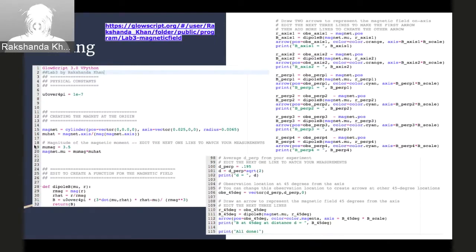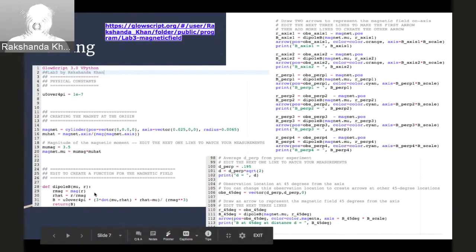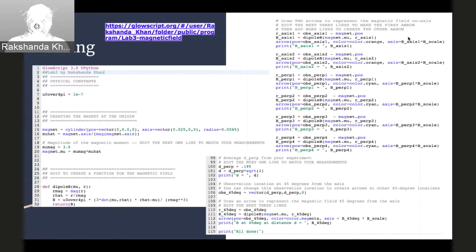So firstly, we used our mu mag value of 3.5 in line 19. We just talked about how we calculated that. And so we plugged that value into the dipole equation. And then we found here's all the coding to find all the arrows in our final output, which you'll soon see.